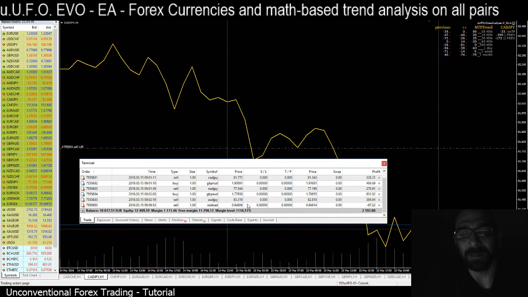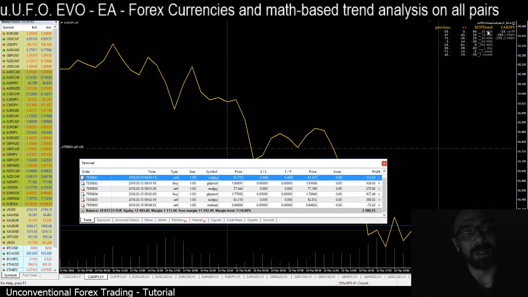So CAD yen, we are having a sell situation, but we see that this is still negative, but in this time frame, in this moment, this is the situation at 5 minutes, 15, 30, 60, 240, 1 day, 1 week, and 1 month.